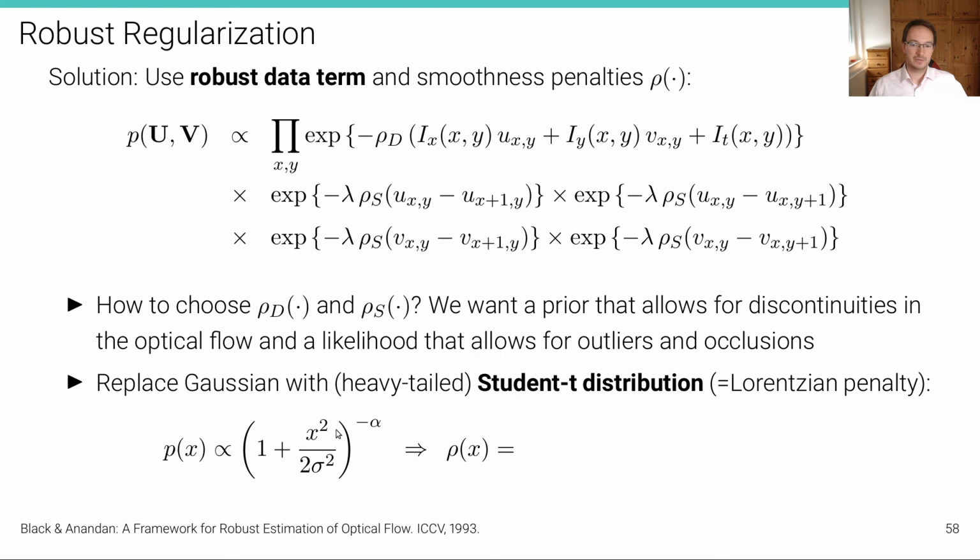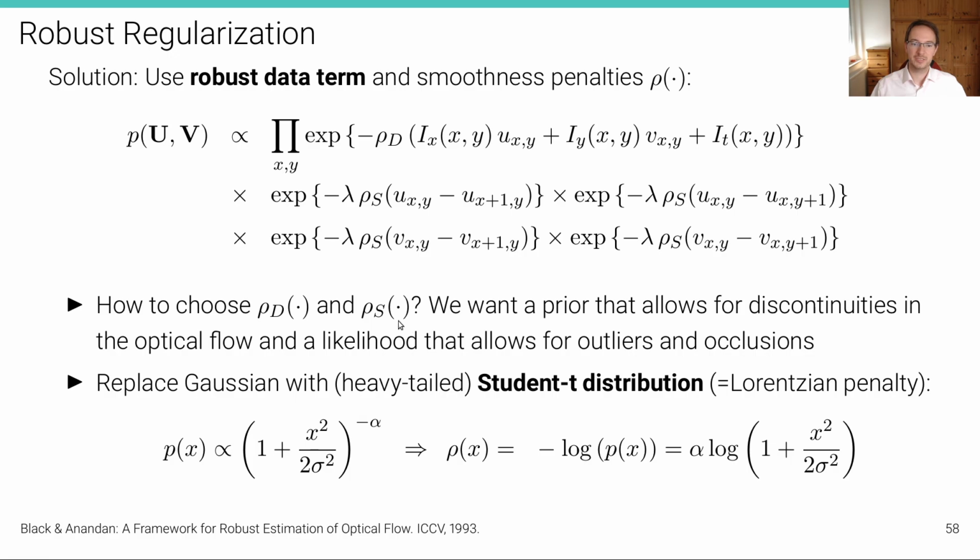Here we have the definition of the Student-t distribution that we want to plug in, and we can derive that this corresponds to this choice of the penalties rho d and rho s.